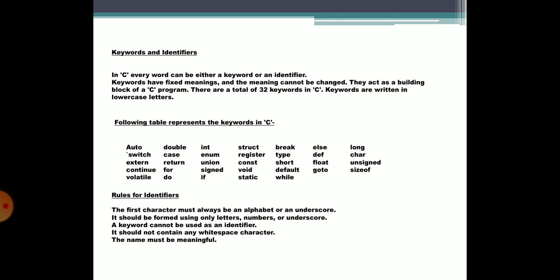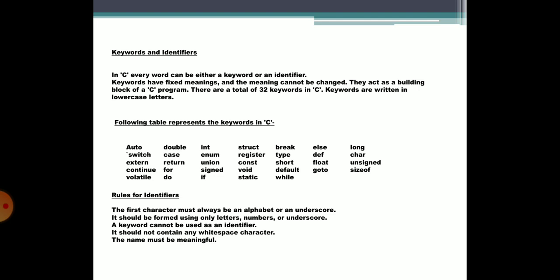And about identifiers. Identifiers refer to the names of variables, functions and arrays. That means any name defined by a user for a variable is termed an identifier. Identifiers can be the names of variables, user defined functions, or arrays declared by the user.